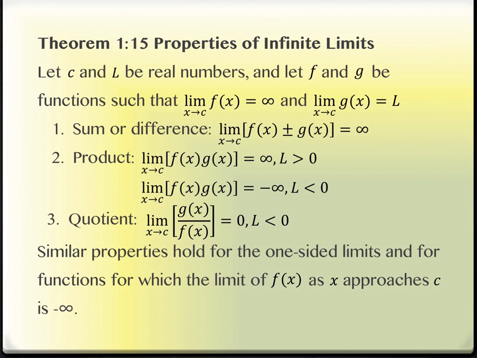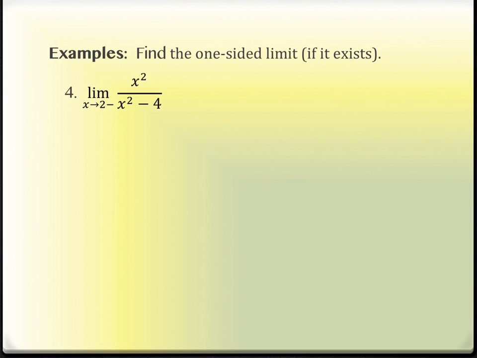Okay, so we have one more example. This is a one-sided limit, and I will let you guys see exactly what it would look like from two perspectives now, since I did it from four perspectives, kind of, on the first one. We're going to find the one-sided limit if it exists.